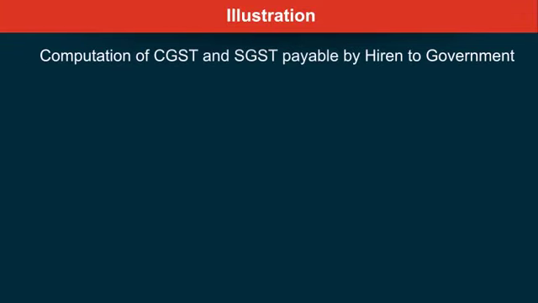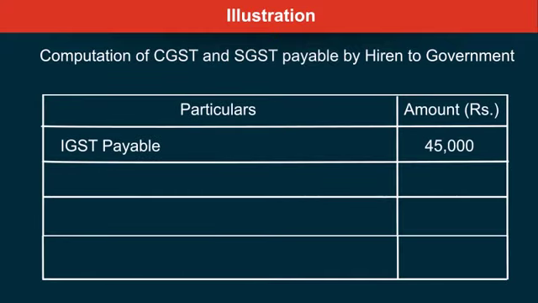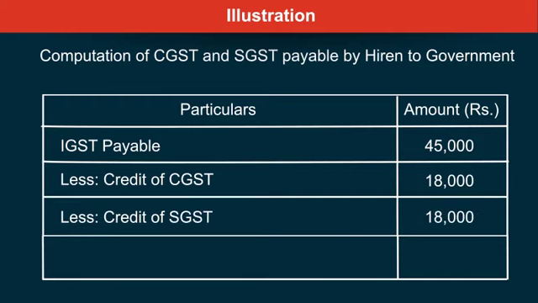So the net amount of taxes which will be paid by Mr. Hiren to government will be total IGST is 45,000, out of which CGST credit is 18,000, which he has already paid to Mr. Viren, and also he has paid SGST of 18,000 to Viren because this transaction was within the state.